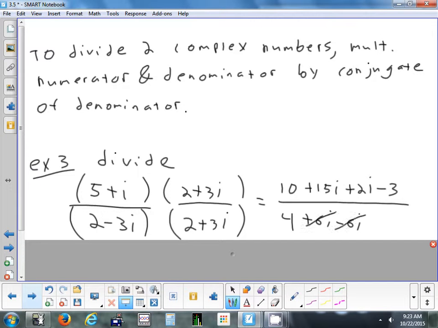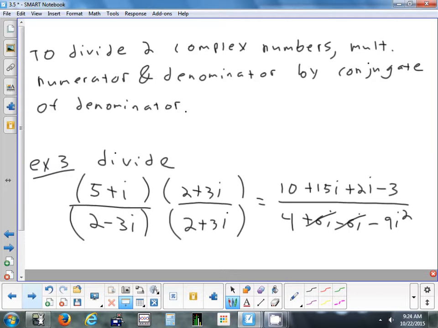Plus 6i minus 6i, anytime you multiply conjugates. All right, and the last part, you have a negative times a positive. That's a negative. Negative 9i squared. There's a lot of negatives here, so you might want to do it in 2 steps. Or you can do it all in your head, that's fine.